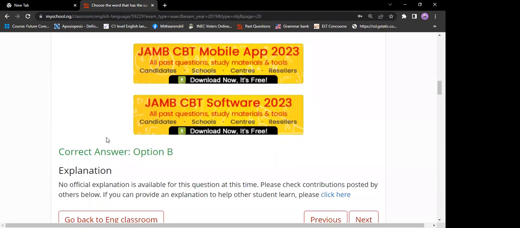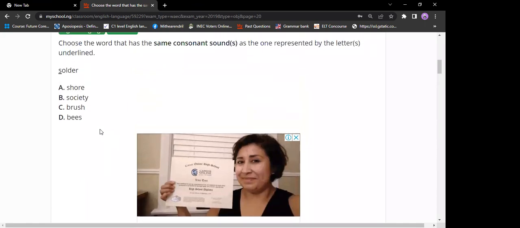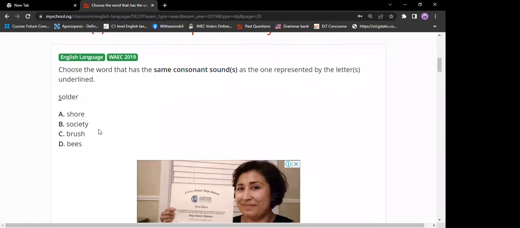So what you need to know, going back to the question, is that you should be able to pronounce the words properly. That will help you to pick your answers. What you need to do to help yourself is go back to the vowel sounds, from your monophthongs to your diphthongs. Go back to them and pronounce them.